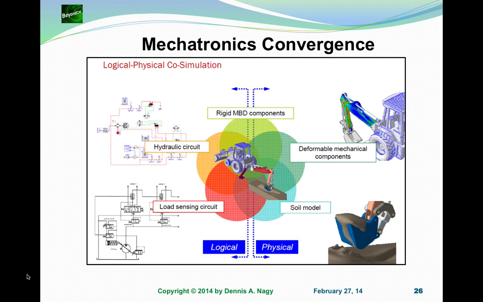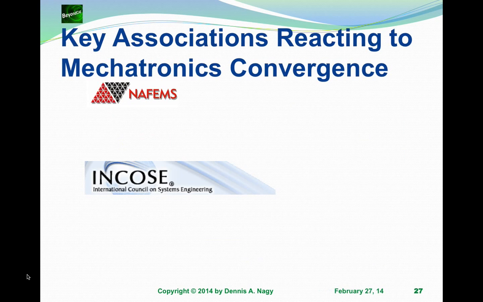NAFEMS, which is a traditional association related to MCAE, and INCOSE, which has been in existence for a couple of decades as the International Council on System Engineering, have gotten together recently to recognize the fact that this mechatronics conversion and the push towards model-based systems engineering is going to require a lot more interaction between the traditional types of engineers in these two areas.